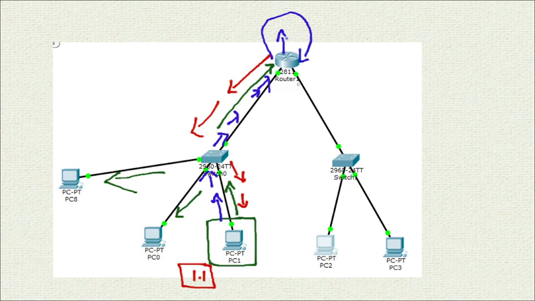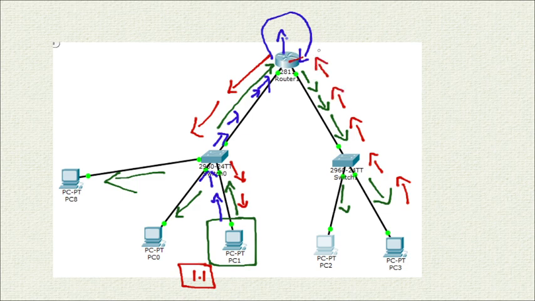After that, again it will send the broadcast packet and change the source MAC and destination MAC address. Again sending the broadcast packet on this interface and this interface also. After that, this person sends the reply, hey, it's my MAC address, it's for me.